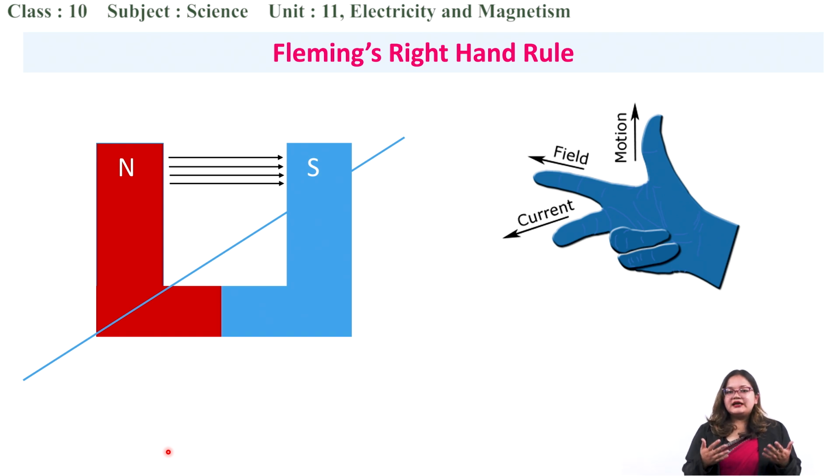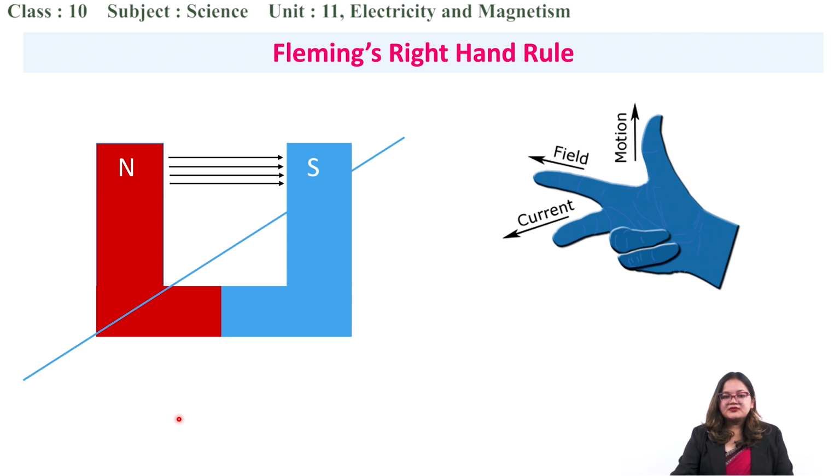What happens if we bring motion to a magnet or a conductor in a magnetic field? Exactly. EMF will be induced, or this conductor will gain current. The current will start to flow in this conductor.